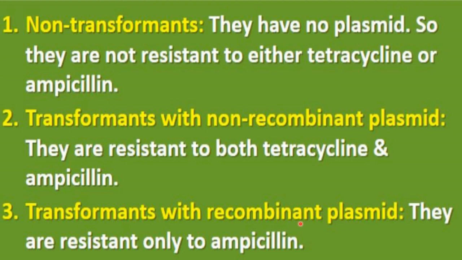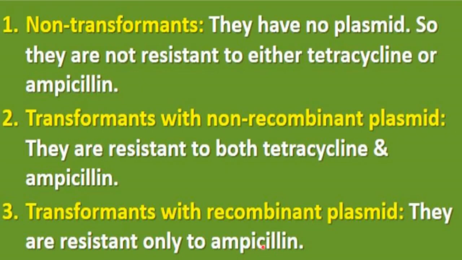So the cells will now be resistant to only one antibiotic, the one for which the gene is not inactivated. If we introduced the alien piece of DNA in the tetracycline resistance region, these cells will have resistance to ampicillin.